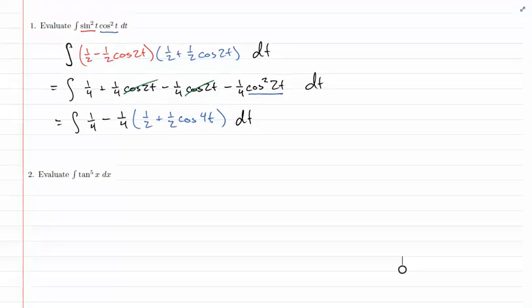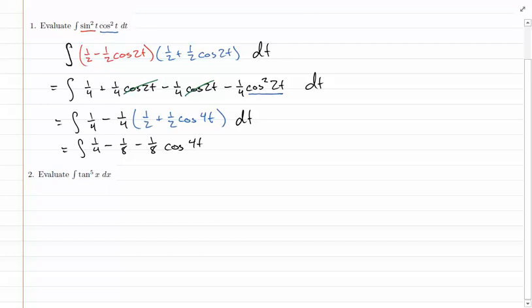Okay. Now we have the integral of a fourth minus, let's distribute that, a fourth. So we'd have minus an eighth cosine of 4t dt. Right here, a fourth minus an eighth would be an eighth.